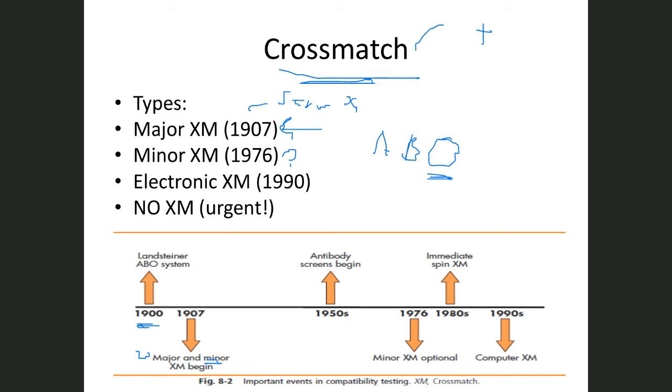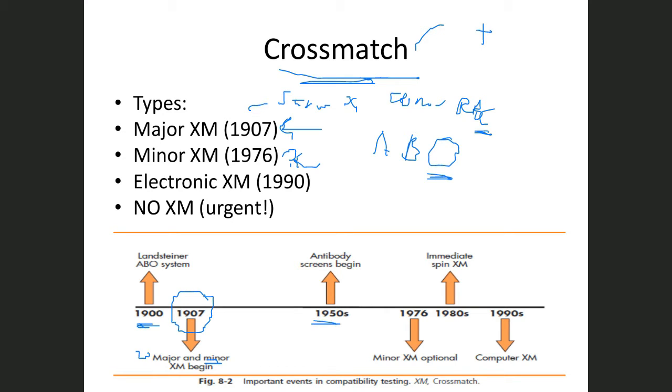And we cross match with donor RBC, isn't it? However, in minor cross matching, we also cross match. Yes, excellent, the donor serum. Okay, this time it is donor serum against patient RBC. So both of them they did at the same time.